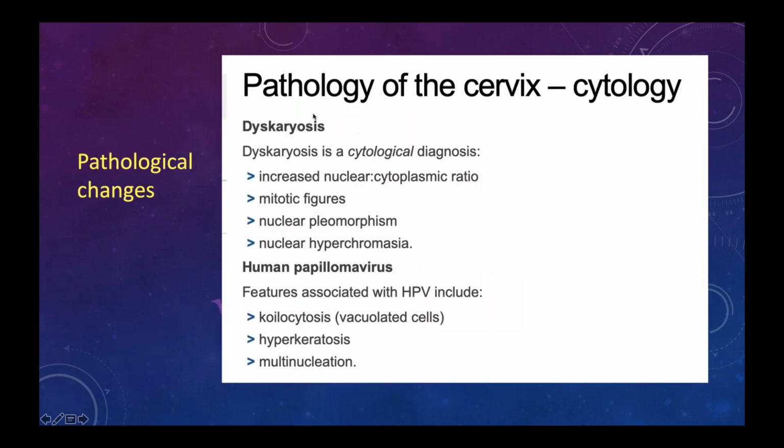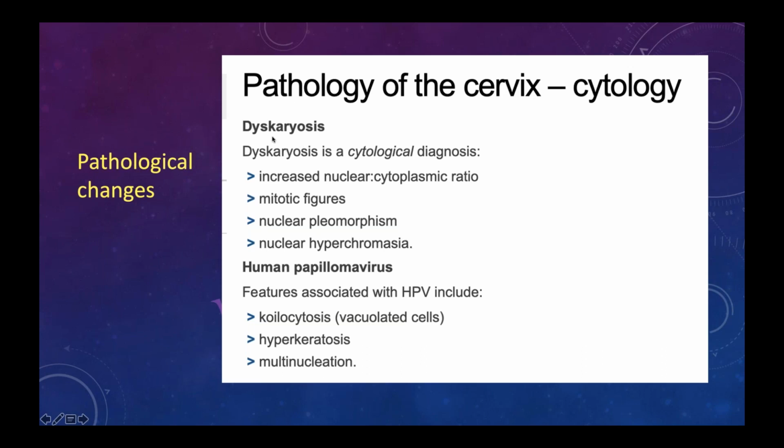Now certain changes. What if the cell is infested with the HPV virus? These are the changes that occur: koilocytosis, hyperkeratosis, and multinucleation. These three things occur with HPV. Part 2 people have to remember it by heart. For part 3 these changes are not important.